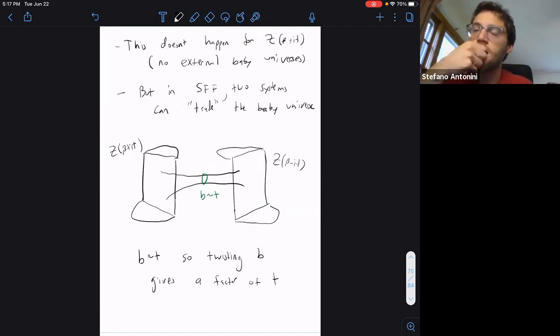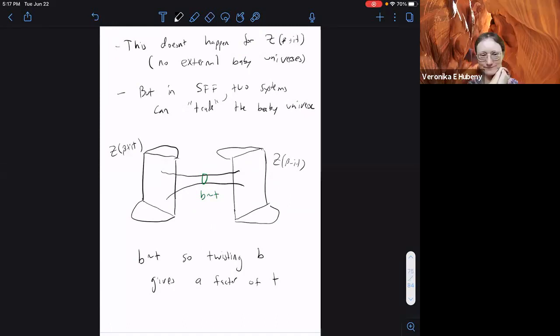Maybe there's a bit of a terminology confusion, which is that in this quantity, this Z of beta plus IT, there's one asymptotic boundary that's periodic, but we can slice it so that a slice has 2. It's the same thing in this Hartle-Hawking thermofield double state.